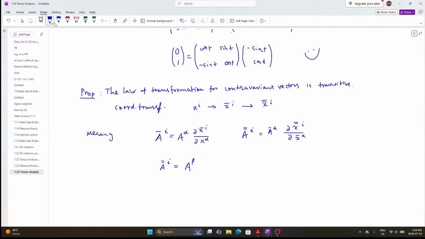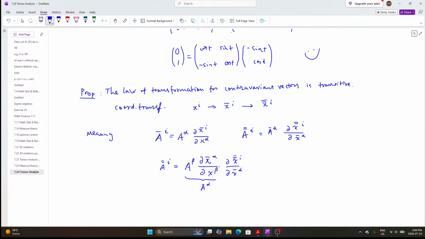That's it. A beta, dx bar alpha over dx beta. This is a bar alpha. And then times the second Jacobian, which is d double bar I over d single bar alpha.